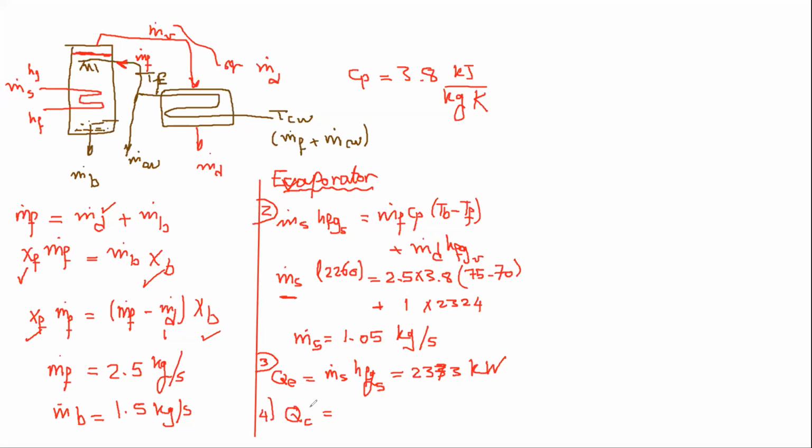So can we get it another way? The latent heat of condensation. Exactly. So it's basically going to be m dot vapor into HFG of the vapor. M dot vapor is the m dot distillate, the same, so the quantity is 1. And the latent heat of condensation of the vapor is 2324. So that's 1 into 2324 kilowatts. Now this is the Q, the heat transfer rate inside the condenser.